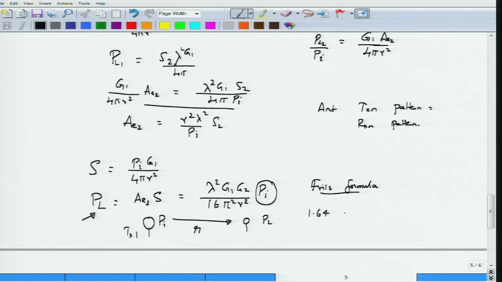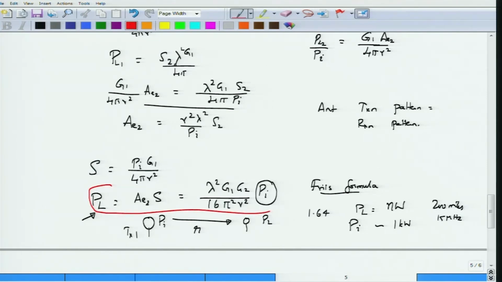From the Friis formula, if you were to put in the numbers, you would have power delivered to the load in the order of nanowatt, while your input power Pi happens to be around 1 kilowatt. This of course assumes that the antennas are separated by around 200 miles and working at around 15 megahertz. The numbers are not really important, but what you have to understand is that the power delivered to the load is inversely proportional to r square.